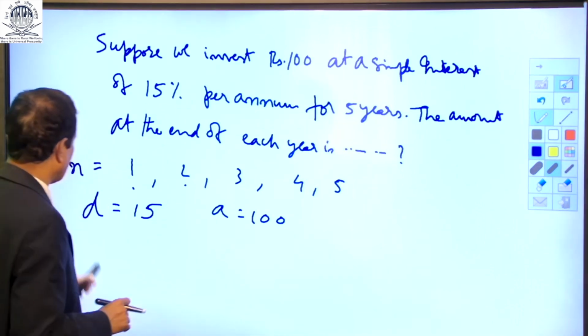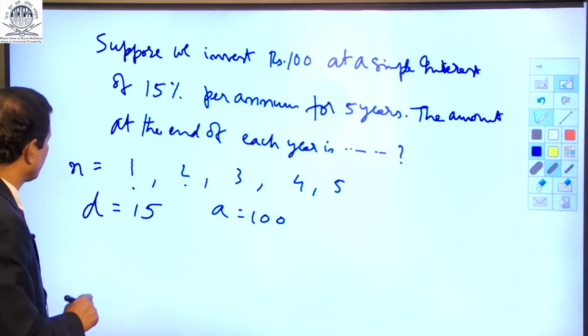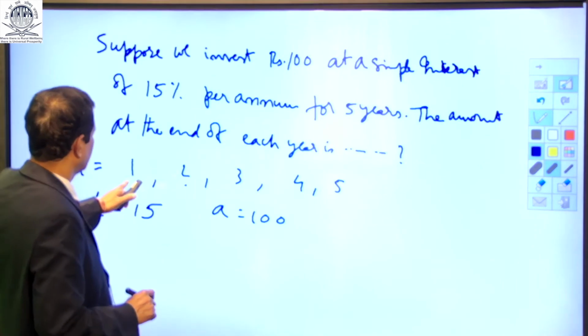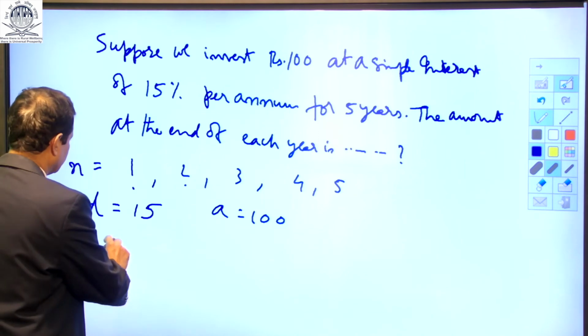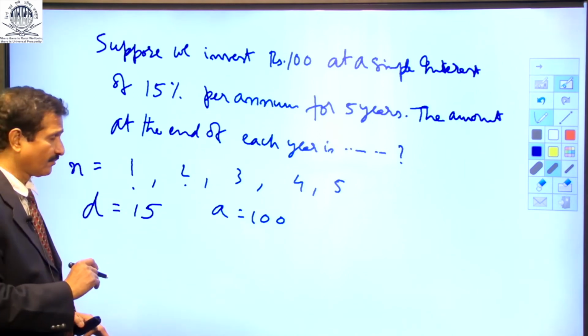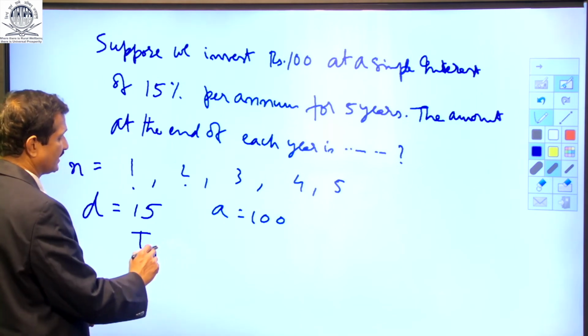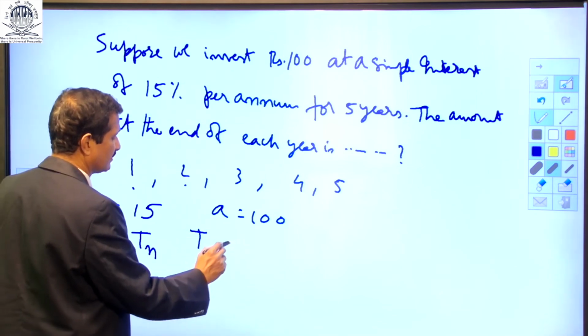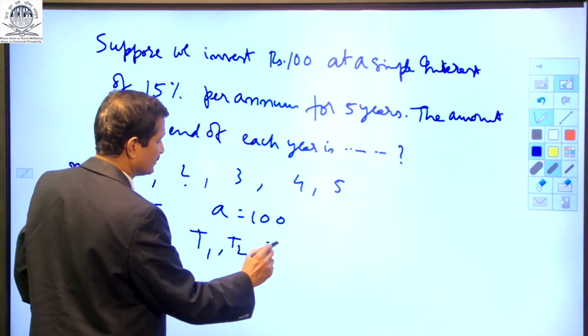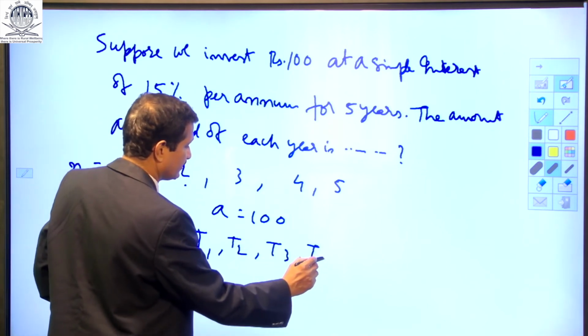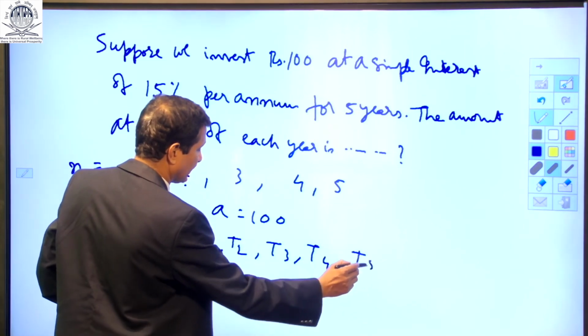So now what will be the interest? Let us calculate this. We know that we have to find out Tn here in this case. So here Tn is T1, T2, T3, T4 and T5.